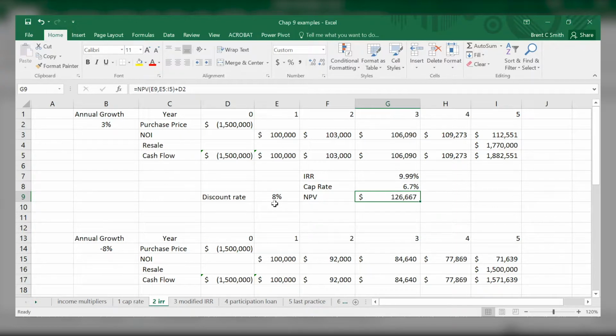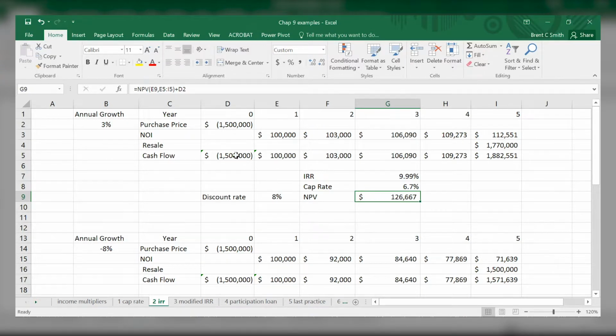A note on utilizing the formulas in Excel if you haven't done it this way before with the NPV. So right up there is the E9, that's the 8%. Notice that for the cells that we're referring to, it starts at E, not like the IRR did, which begins at D. The reason is that the NPV calculates the cash inflows over the course of the holding period.